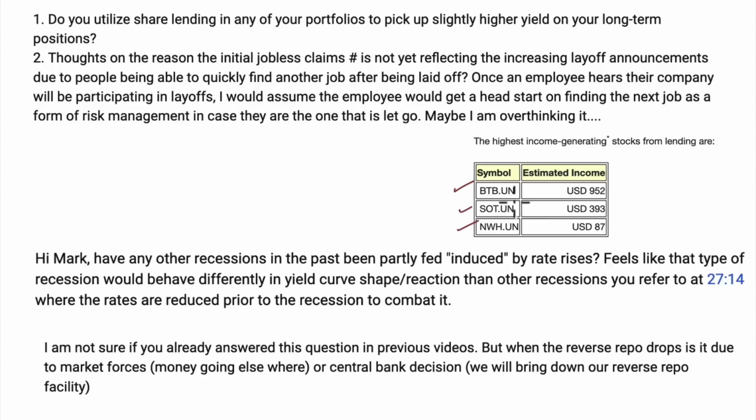So they're just nice income earners and a great place to park money because they have low volatility. But this is the estimated income on lending out your shares. Now, you can join a stock lending program, but if nobody borrows your shares, you don't make it. This is assuming that whatever you have would be borrowed.